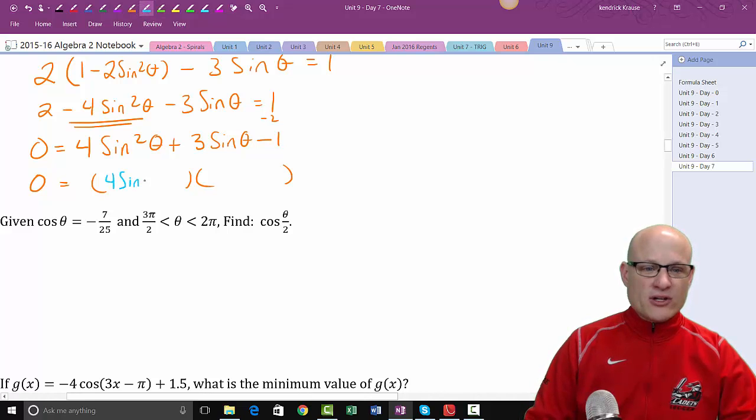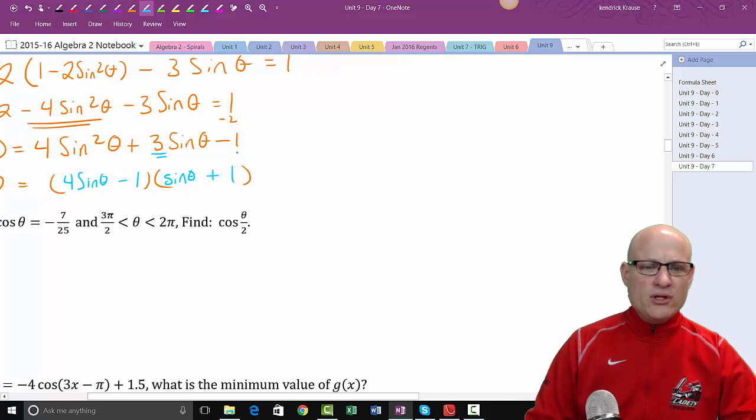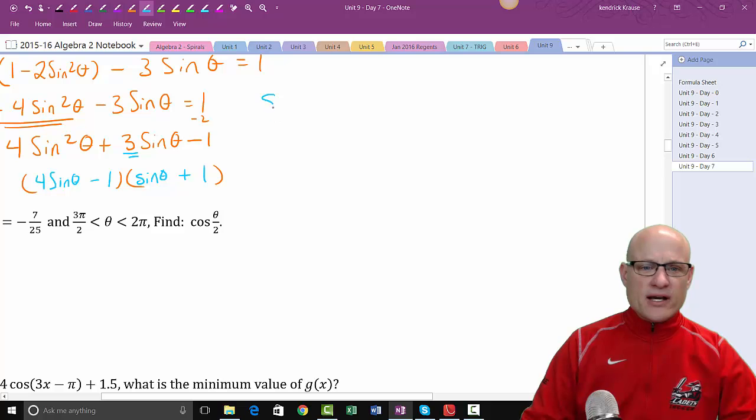You've got to start to recognize things. This is 3: 4 minus 1 is 3. So 4 sine theta and sine theta, and then 1 and 1. We need it to be positive, so this will be positive and this will be negative. So my two answers are going to be sine theta equals positive 1/4 and sine theta equals negative 1.